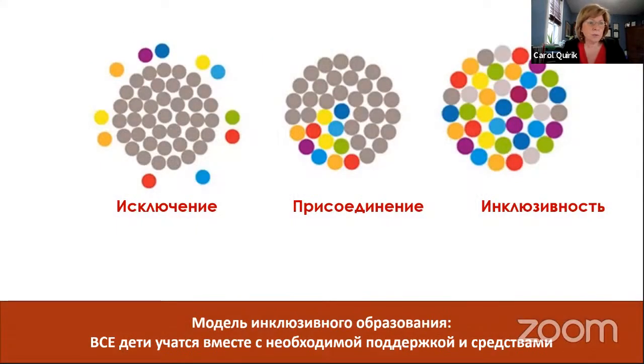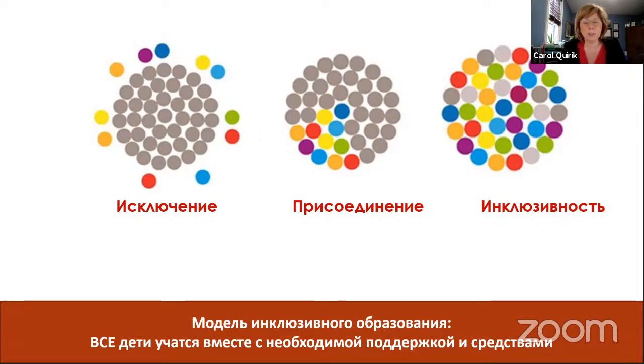This is a visual that gives us the image of how we were educating children with disabilities long ago. On the left-hand side, you'll see all of the colored dots, which are children with different disabilities who are outside of the public education system. Across the globe, we have not included children with disabilities until the last 20 to 50 years.